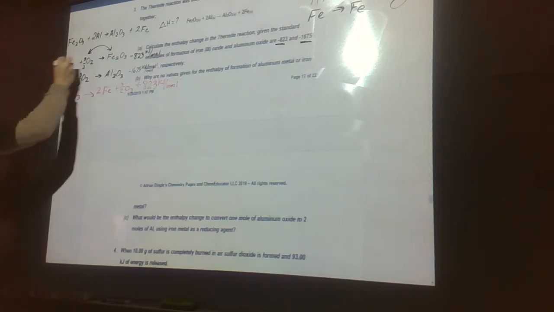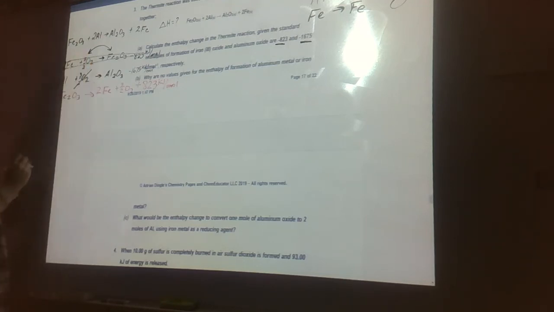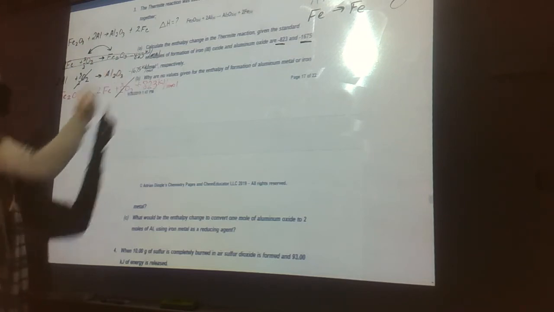So this is gone. We don't have this anymore. It's this now. Now I need to check and make sure that things cancel so it ends up looking like this. At this point, the only thing that cancels is I have 3 halves of an oxygen as a reactant and 3 halves of an oxygen as a product. Those go away.